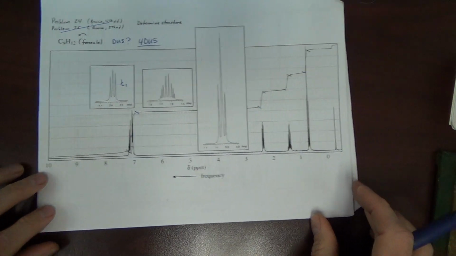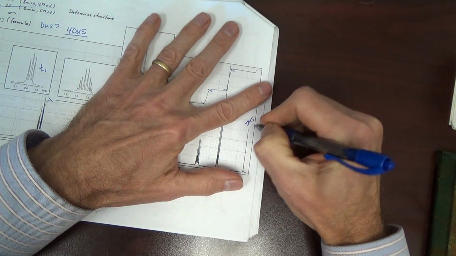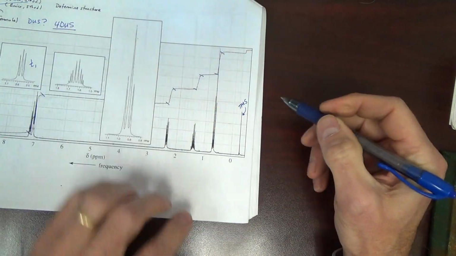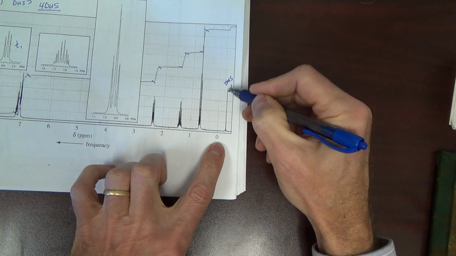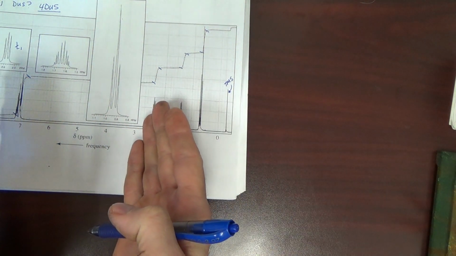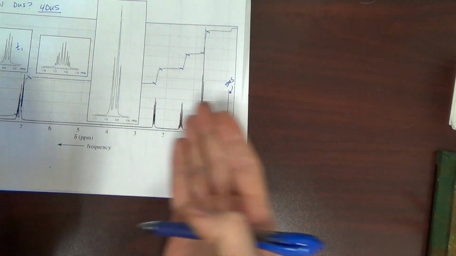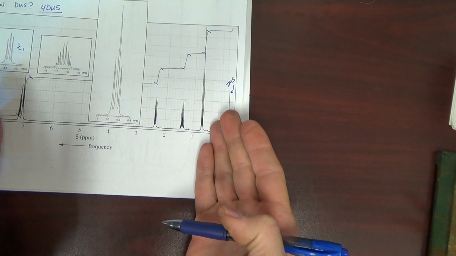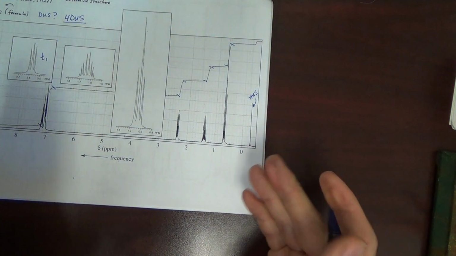By the way, let me point something out here. TMS, which this should be TMS here, singlet, is not exactly on 0 for some reason. That TMS peak should be on 0. All peaks have been shifted to the right a little bit. Again, I don't know if this is a computer-generated spectrum or a real spectrum or whatnot, but that peak should be on 0.